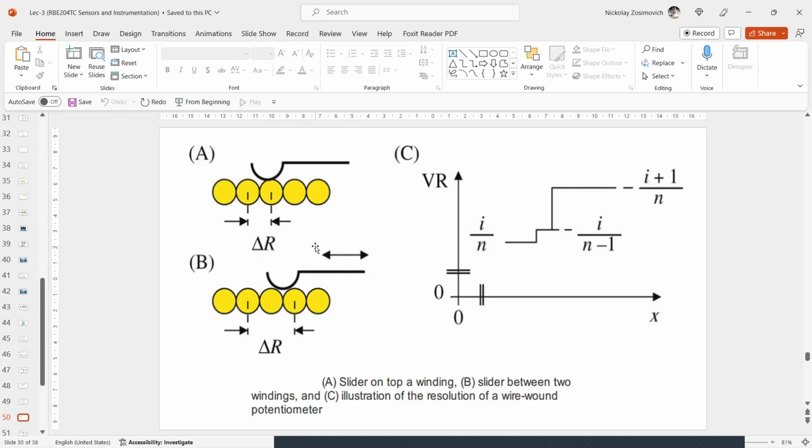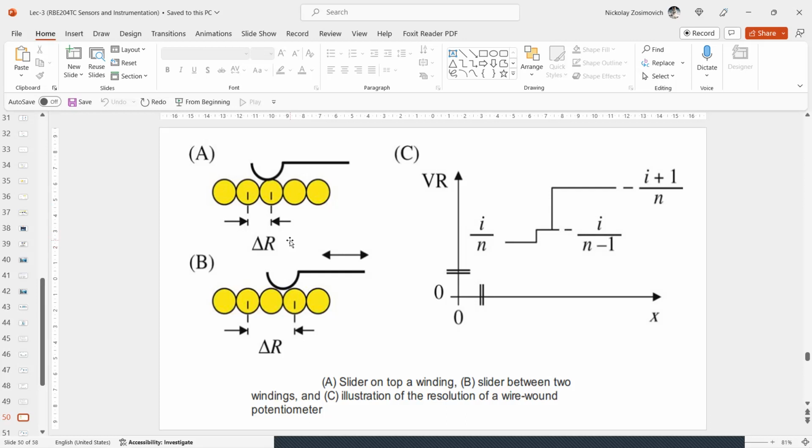As the wiper steps from one turn to the next, the VR changes stepwise by an amount of 1 over N when the wiper moves continuously. Hence our resolution, delta R over R, is simply 1 over N.